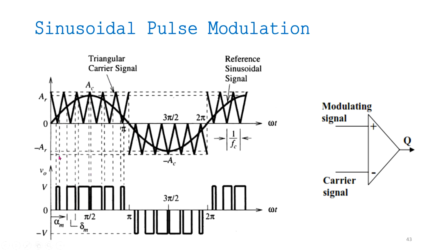What will happen: where the reference signal is larger than the carrier signal, depending on the crossing or cutting area, based on that you have output, and these pulses have different widths, and you can see that very clearly.